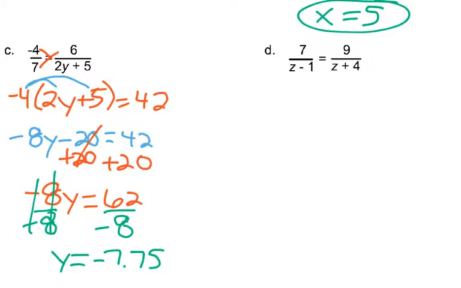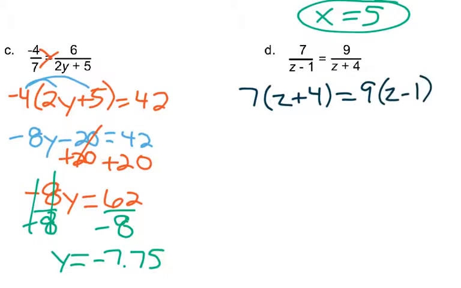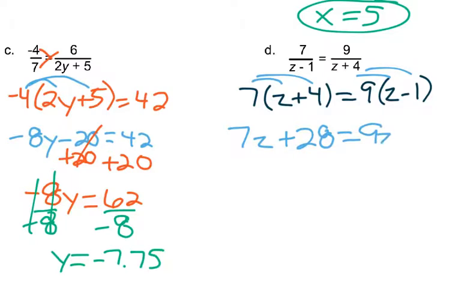Alright, and on this last one here, again, we throw in the parentheses. 7 times z plus 4 is equal to 9 times z minus 1. And we distribute. So you have 7z plus 28 is equal to 9z minus 9. So we'll go ahead and subtract the 7z over, and go ahead and add the 9 over.